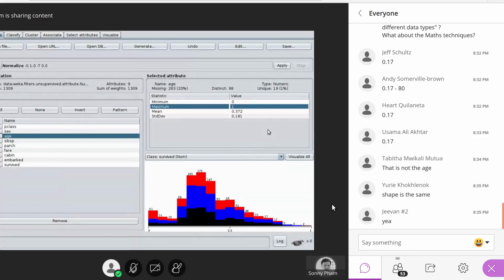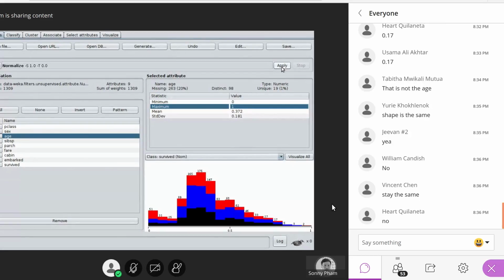Next thing I would like to ask you, which I asked in our lecture: if I press this button again, what will happen? Do you think I will see further changes? No, okay, the same. Why do you think it's no? Would that change the maximum and minimum value again, or would that stay the same?